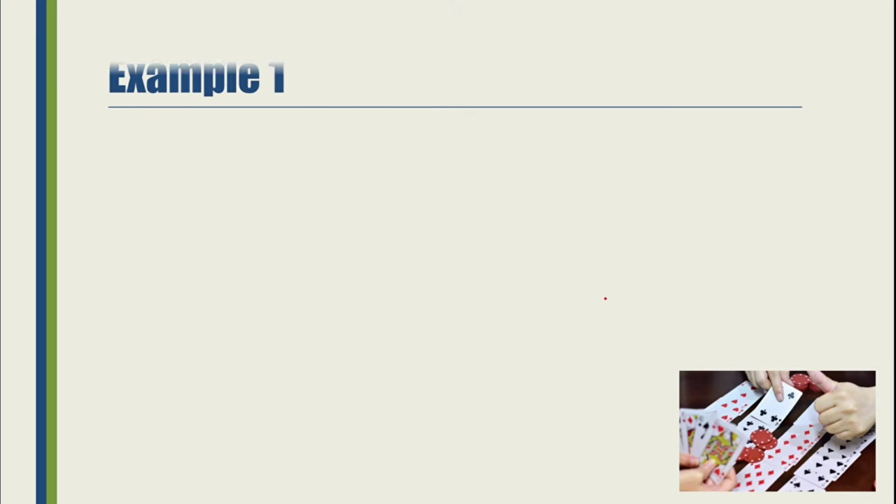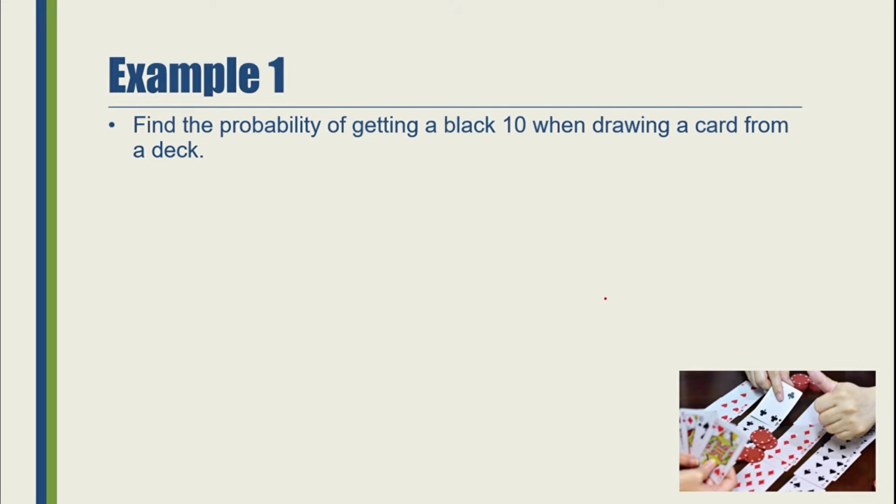So let's have an example. Find the probability of getting a black 10 when drawing a card from a deck. If we could still remember, there are 4 suits, which is heart, diamond, club, and spade. So in the deck of cards, there are 2 black suits.